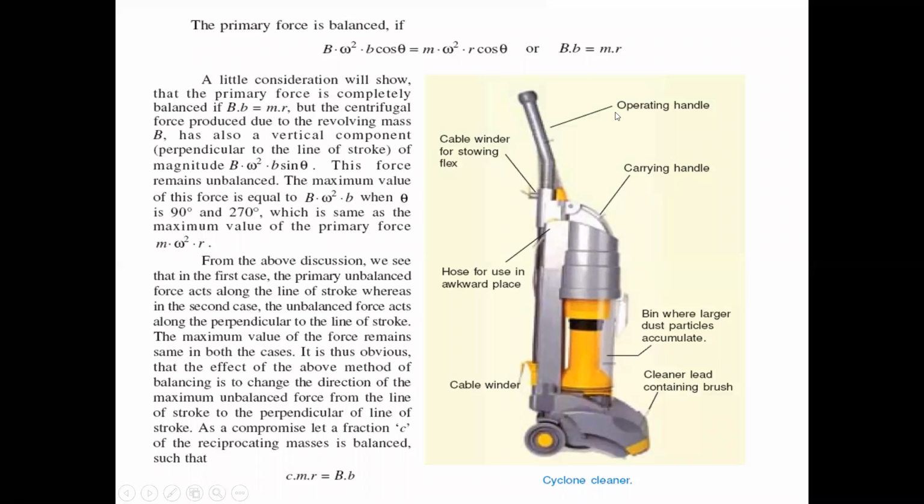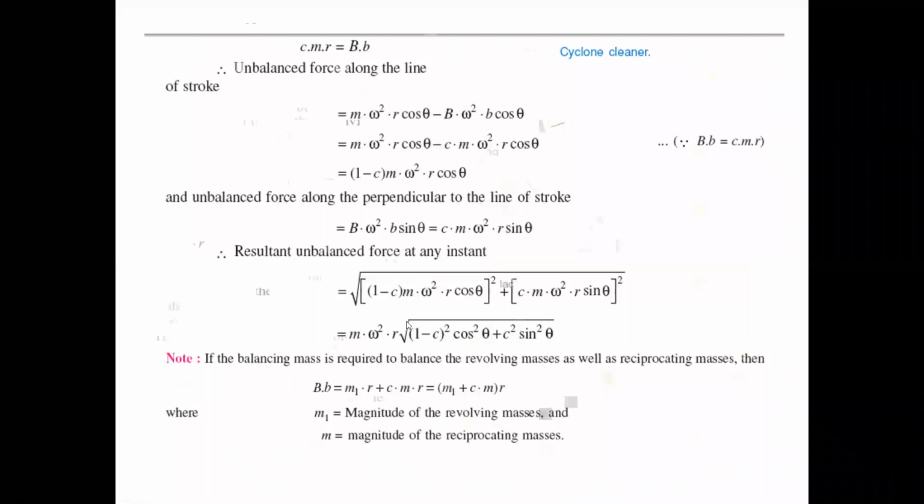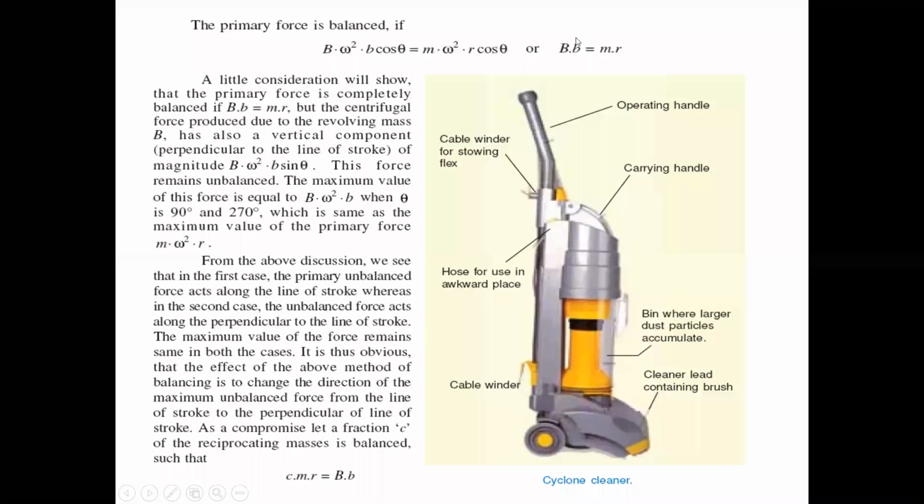So they may write that here, but definitely we may also have some fraction between capital B small b and m r; both are not exactly equal. So how do we differentiate capital B small b from m r? They consider a small c, which is the fraction of reciprocating masses.